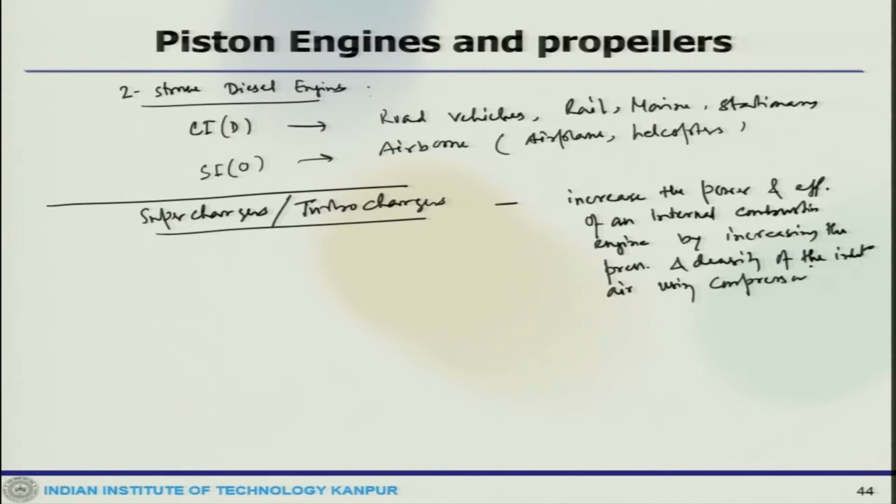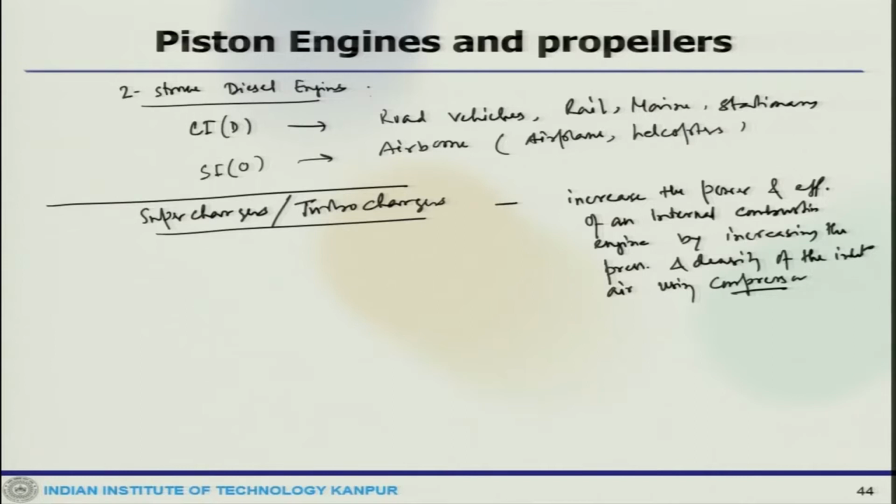Two types of compressors are used, one is positive displacement, another is dynamic, and there are types of positive displacement compressors that are also extensively used, like Roots, Vane, and screw compressors.